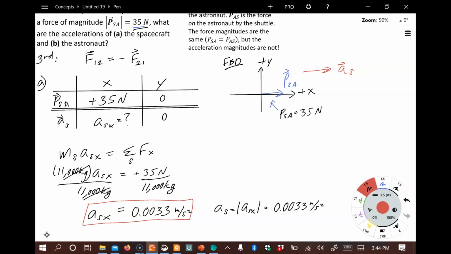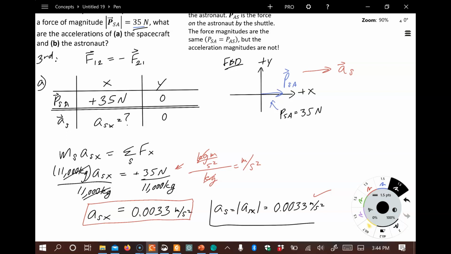As an aside, the units for newtons, remember, are equal to kilograms meters per second squared. When we divide that all by kilograms, we get the cancellation of the kilograms, and we get meters per second squared, units of acceleration, so we are happy with that.